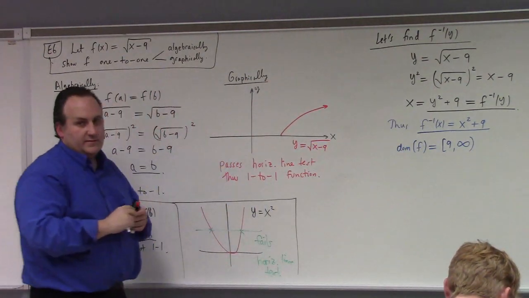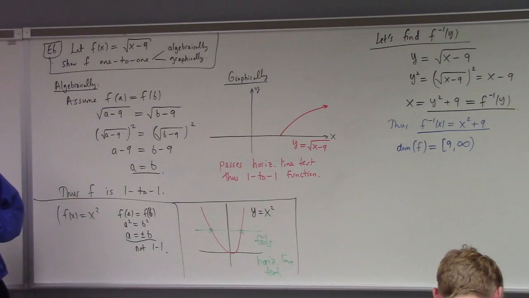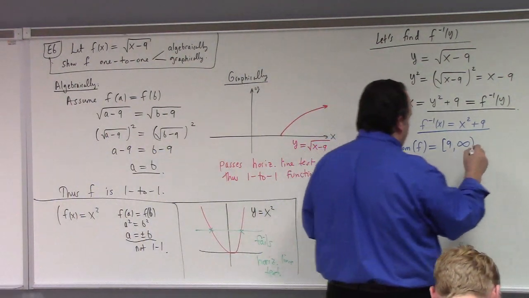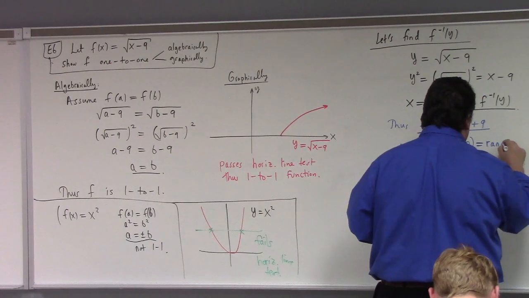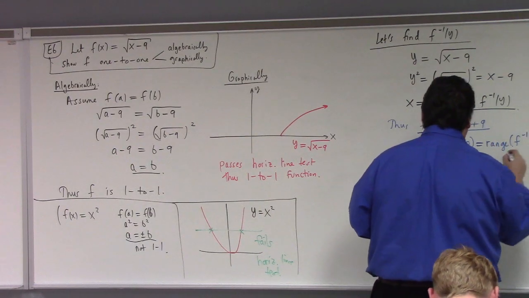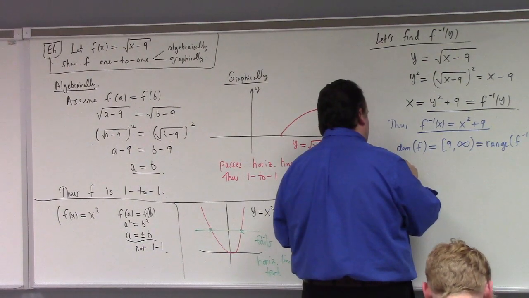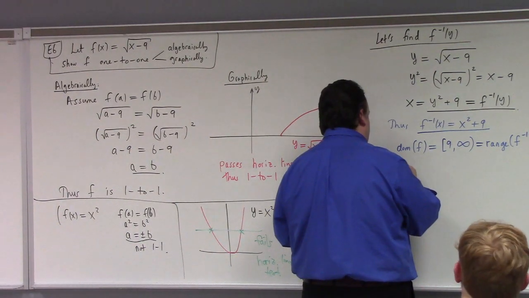Square root of 9 minus 9 is the square root of 0, which is 0. Fine. That's also equal to the range of the inverse function. Remember? That's how it goes. How about the range?